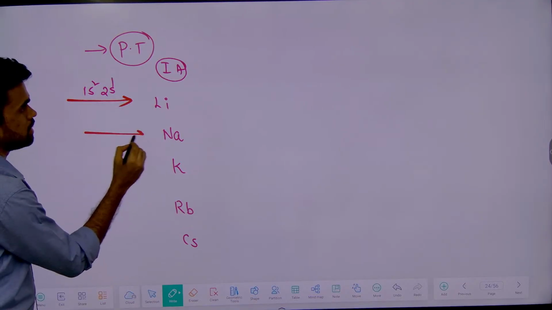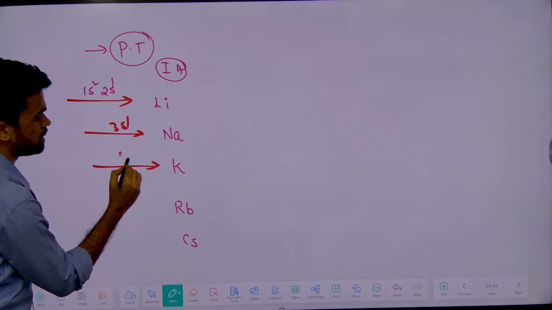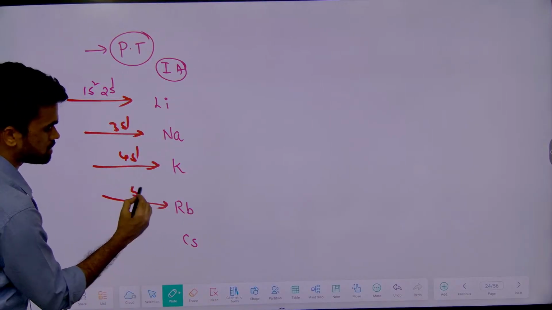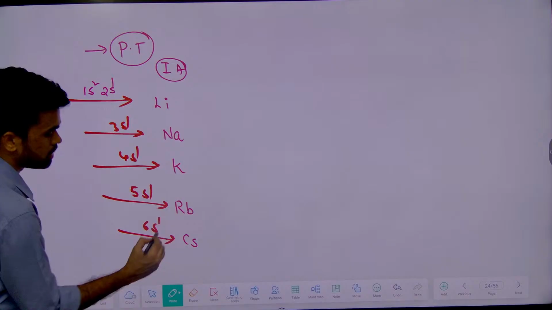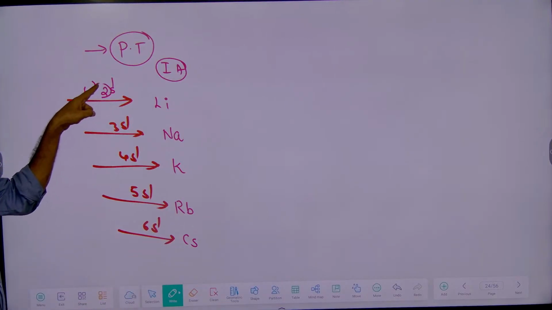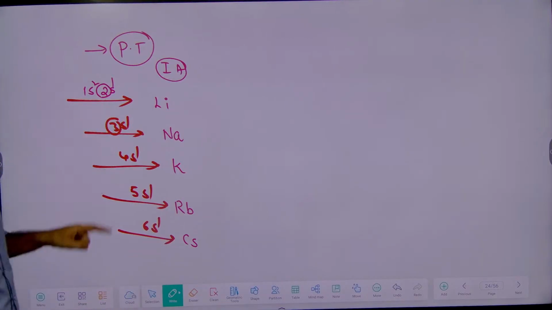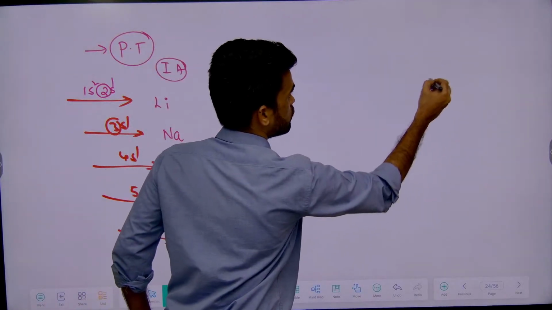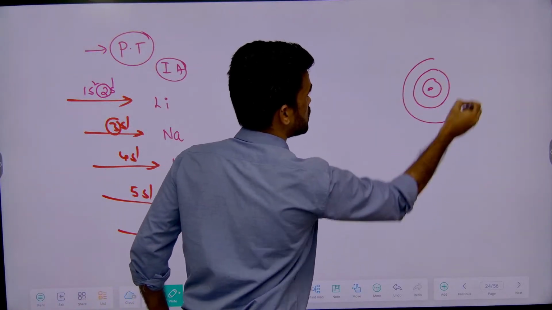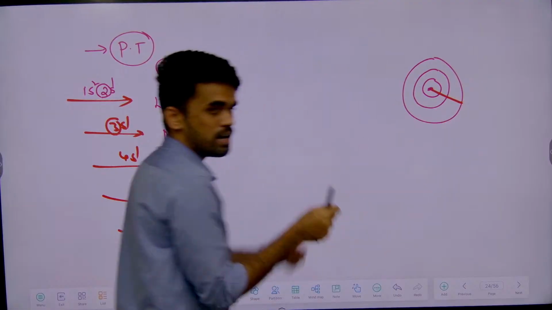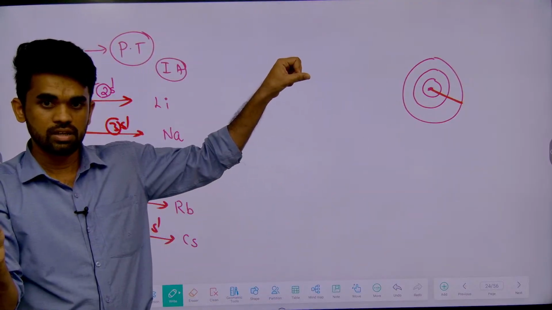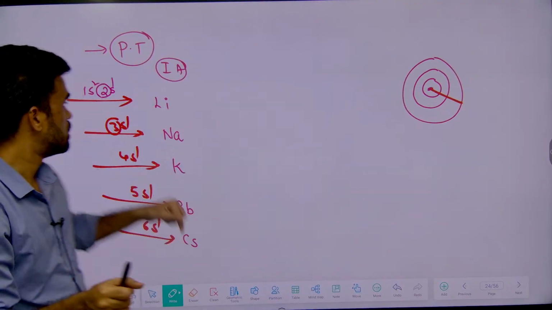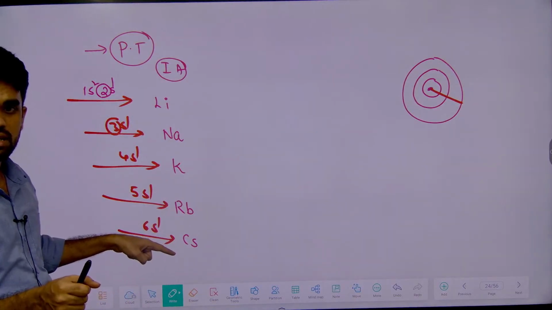For these it is 3s1, for these it is 4s1, 5s1, 6s1. See, the shell number is increasing here. If this is the nucleus, first shell, second shell, third shell, then as the shell number increases, what happens to the distance? Increasing. So radius increases. So down the group, atomic radius increases.